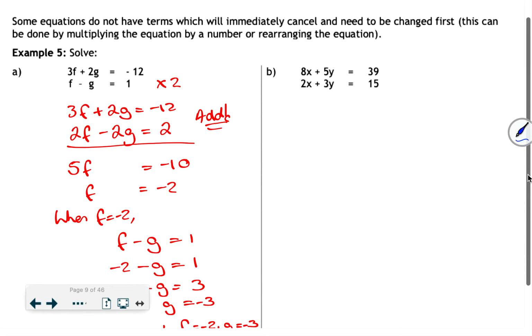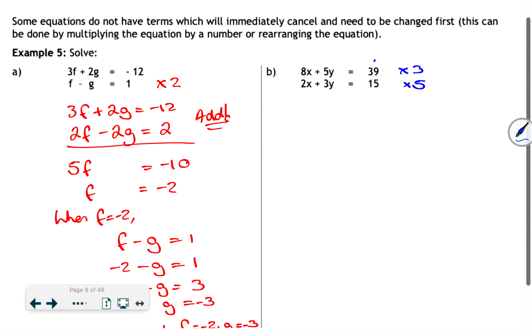I've got 5 and 3, so what is the lowest common multiple of 5 and 3? Well, that has to be 15. So to get 15 for y in the top equation and the bottom equation, I'm going to multiply the top equation by 3 and multiply the bottom equation by 5.